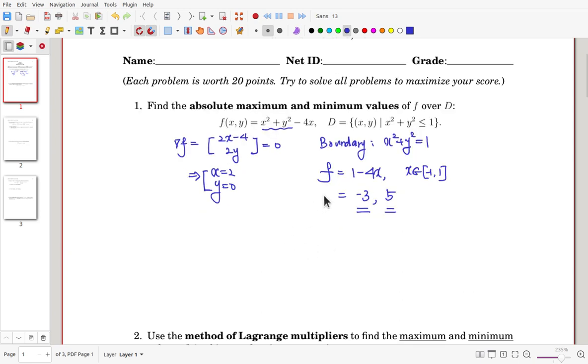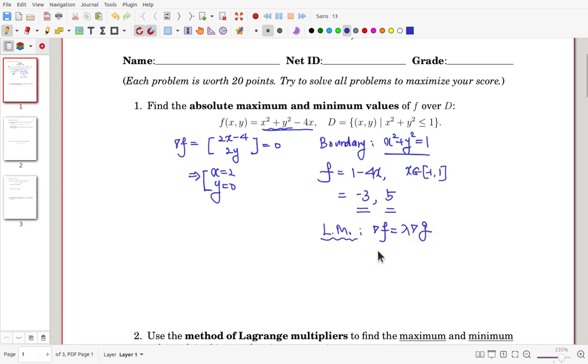Or you can solve this problem by using Lagrange multipliers. That is a function f, and that is the constraint. So here, if you are trying to use the Lagrange multiplier technique, then the gradient of f must be lambda times the gradient of g.